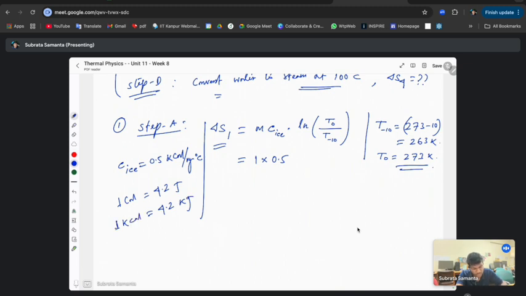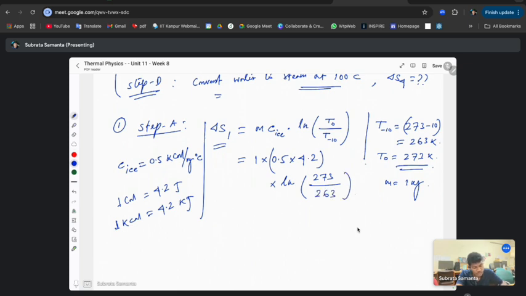So the specific heat of ice I converted to 0.5 times 4.2, times m, which is 1 kg of ice, times the logarithm of T naught, which is 273 at 0 degree, and T minus 10, which is minus 10 degrees centigrade, converted to Kelvin is 263.